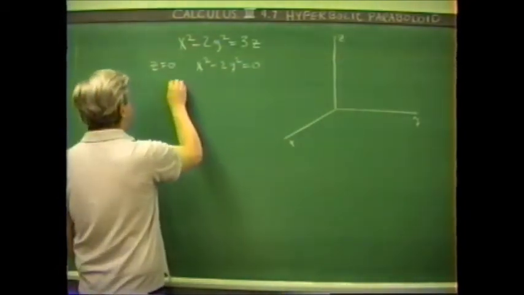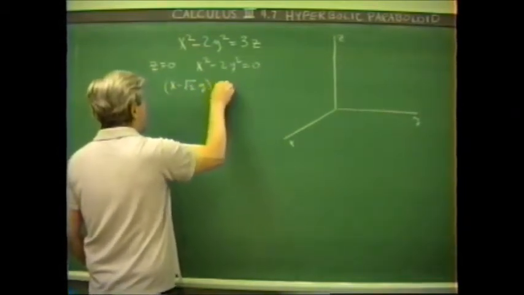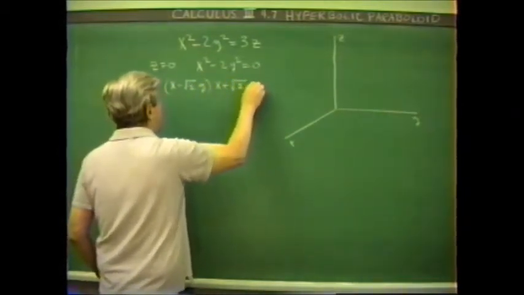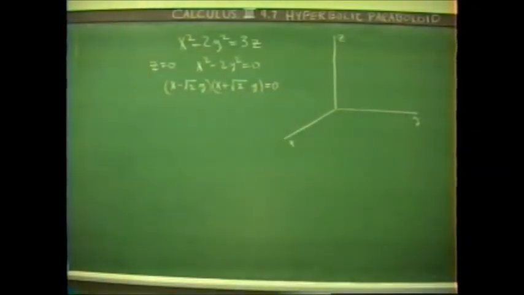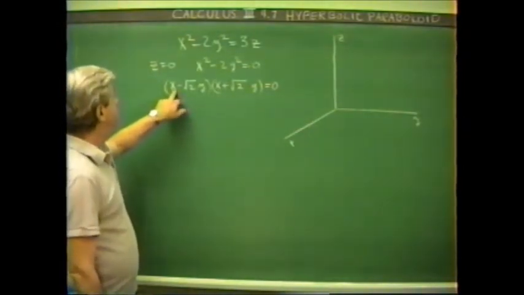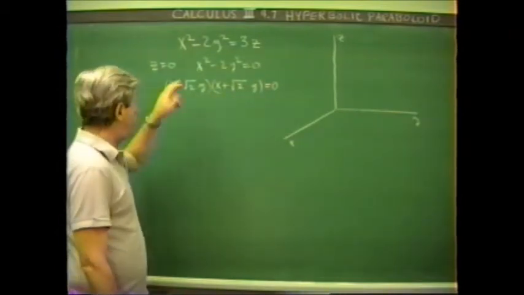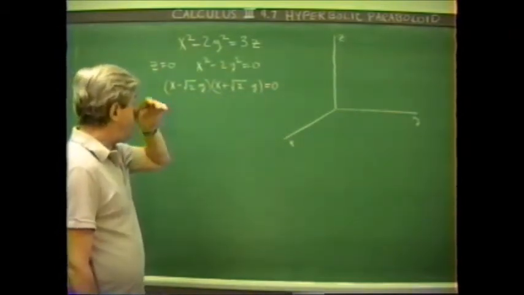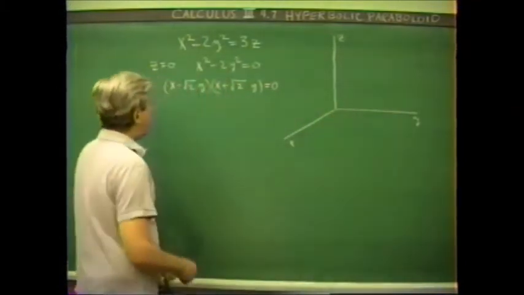That's to say, this factors into x minus the square root of 2 y times x plus the square root of 2 y is equal to 0. So the graph has either x equals square root of 2 y or x equals minus square root of 2 y. Those two lines form the traces in the xy plane.